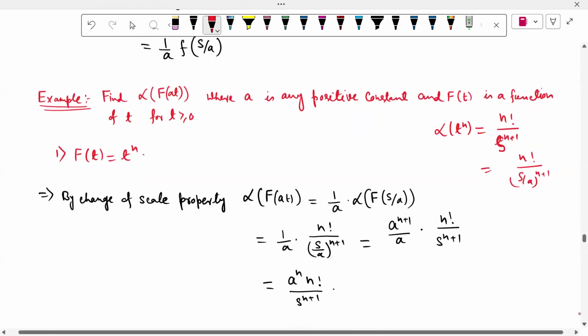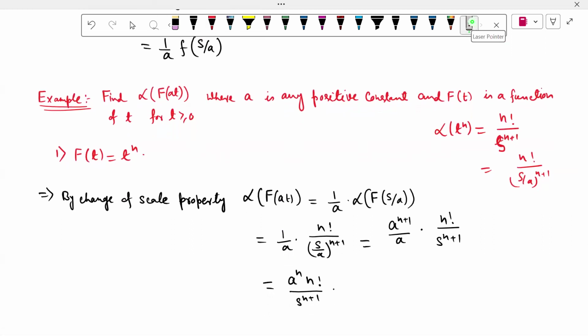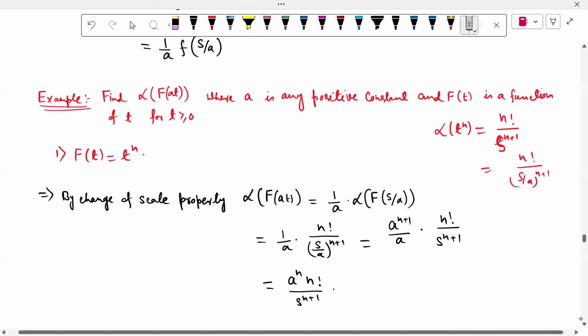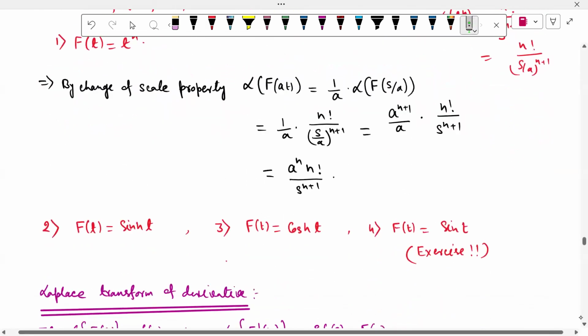I have just written this line, and now it is simple calculation. You just calculate and see that you are getting this formula: a to the power n times n factorial over s to the power n plus 1.